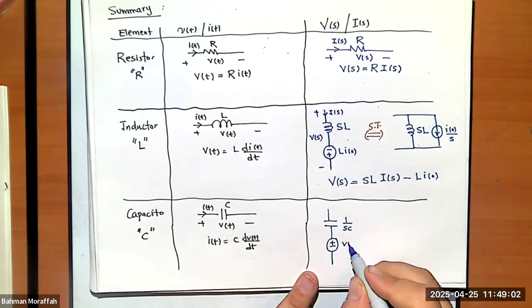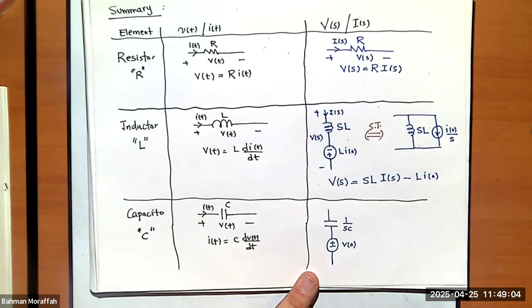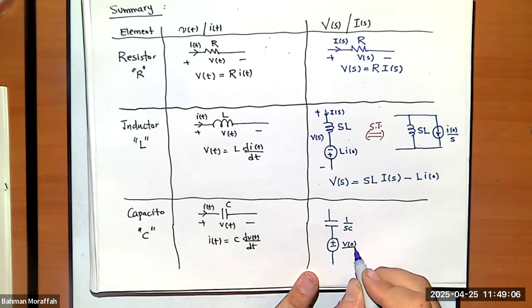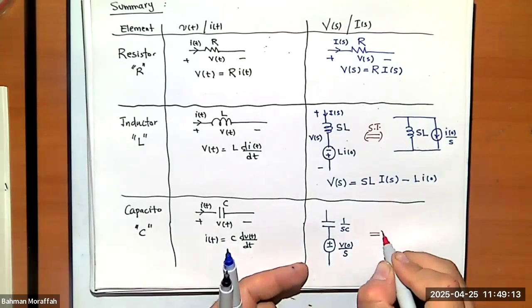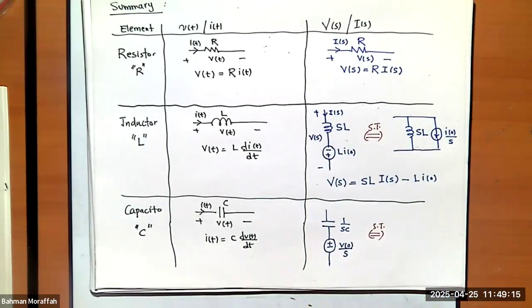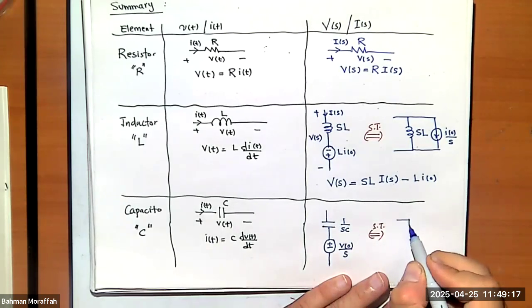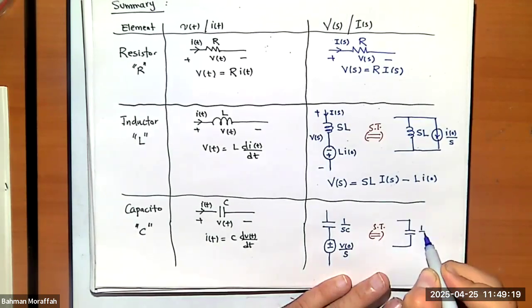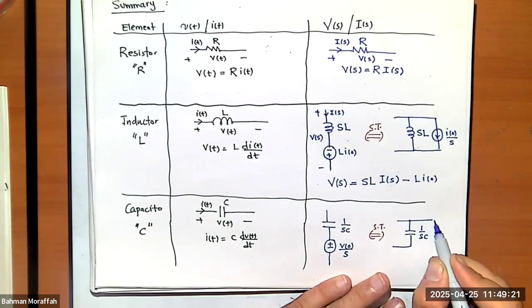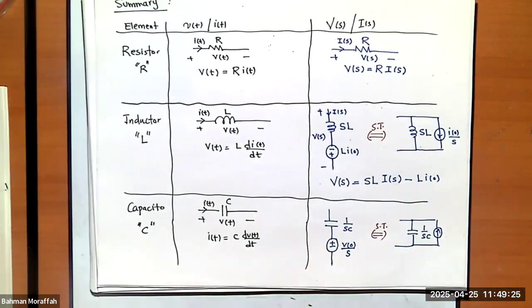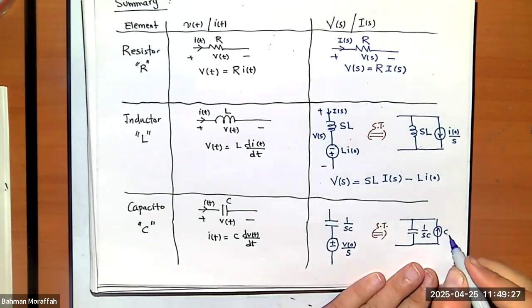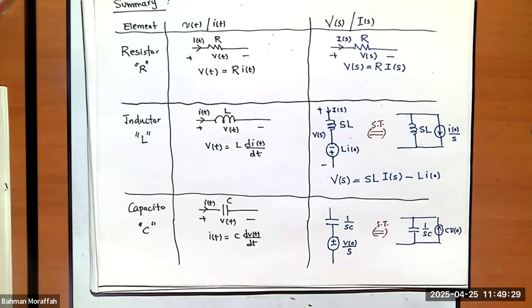And the value of this voltage source is v(t) evaluated at 0, divided by s. Right? And because of the source transformation, we can rewrite this as 1 over sC followed by a current source that's going up with the value C times V naught.